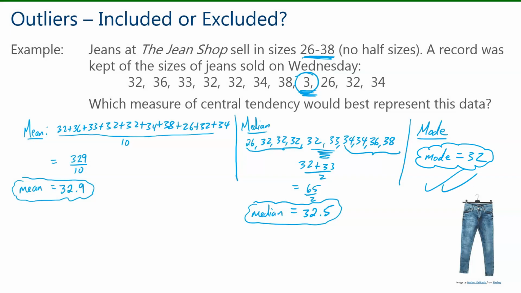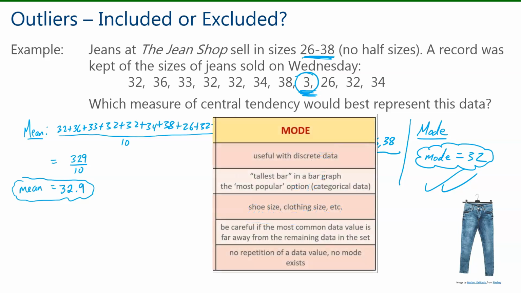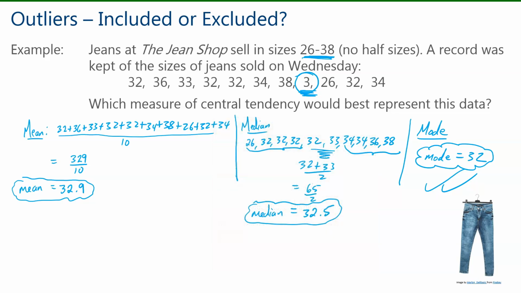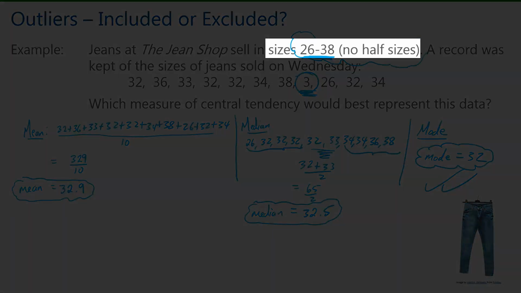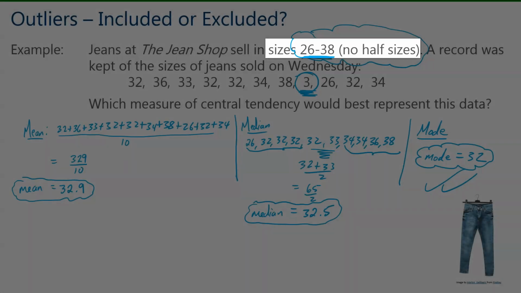First of all, if you recall the guidelines from the table from a few lessons back, mode often gets used when we talk about shoe sizes, clothing sizes. It works very well for those types of situations, and that's what we have here. Another reason why we are not going to choose median or mean here to be a good number to represent our data set is because we were told initially that our jean sizes go from 26 to 38, but there are no half sizes.